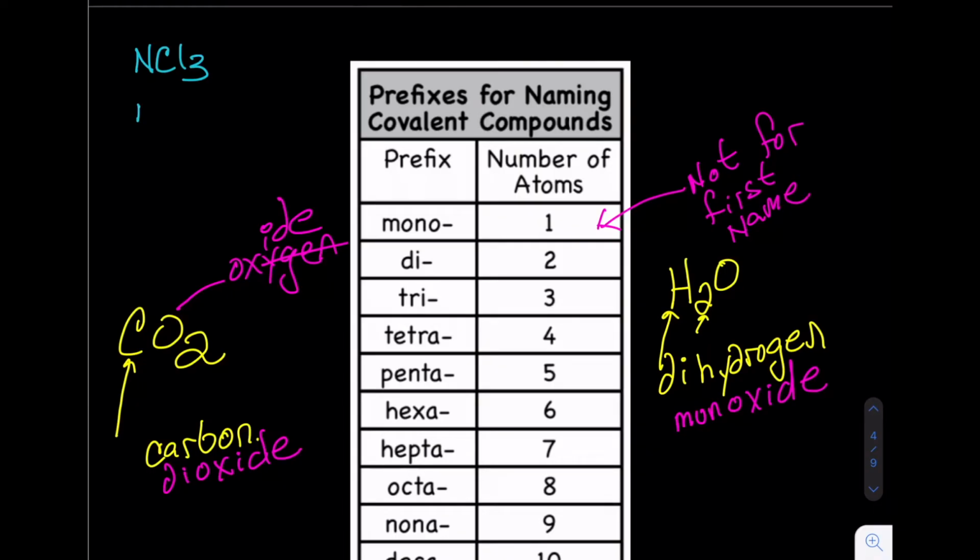So this one's going to be nitrogen. Okay, and then we have Cl. Cl is chlorine. We drop the -ine and add an -ide, and there are three of them. So we have to use the tri, so nitrogen trichloride.